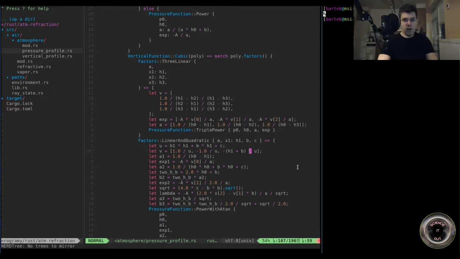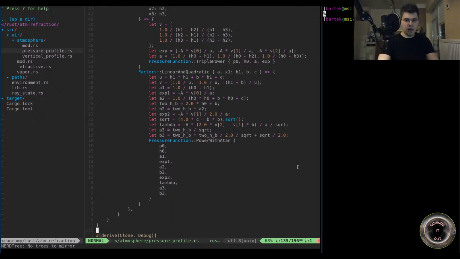If you really want, you can go through it, and you might be able to figure out how the constants are calculated. I just did it once and forgot about it, and that's it. It's coded here, it works, and I really hope I won't have to fix stuff here.